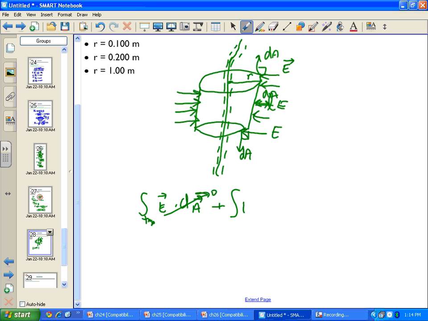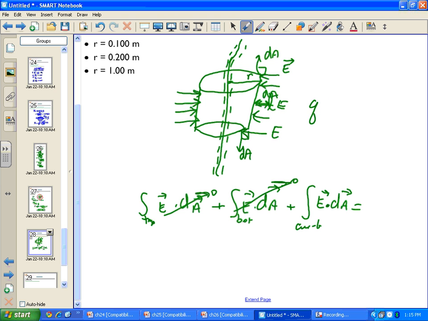A contribution from the bottom, E dot dA. That's going to drop off to 0. And the contribution from the curved portion, E dot dA, which will not be equal to 0 because the angle between the electric field and the area normal is not equal to 0. In fact, it is negative, but of course that will be taken into account by the charge inside.